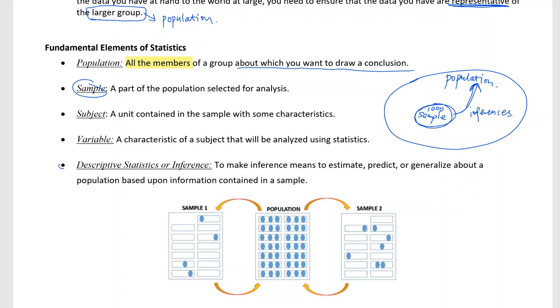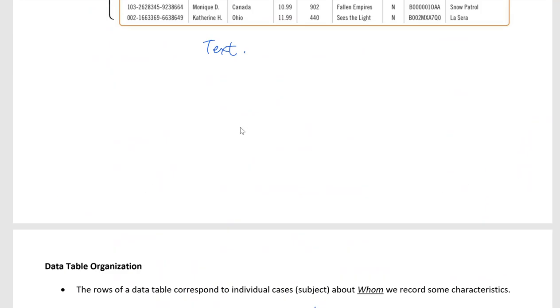Right, so now we have talked about what is the population and what is a sample, and then what is a subject. A subject is a unit contained in the sample with some characteristics. All right, okay, so let's come back to this table.